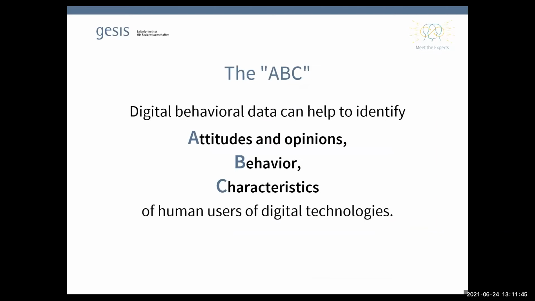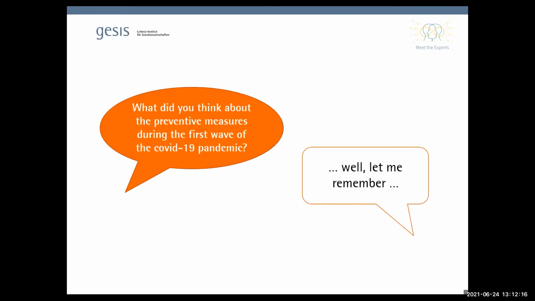These digital behavioral data can help us to identify what we call the ABC at the moment, the attitudes or opinions, behavior, or other types of characteristics of human users of the digital technologies. So that's why these digital behavioral data are of interest to computational social scientists of different backgrounds.